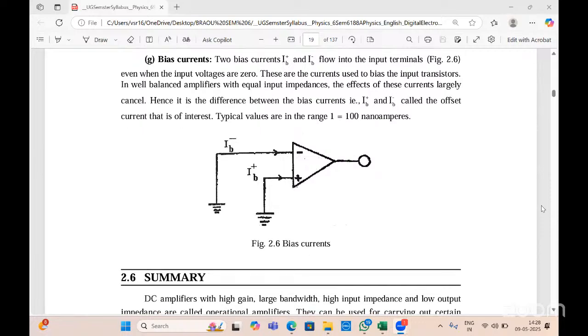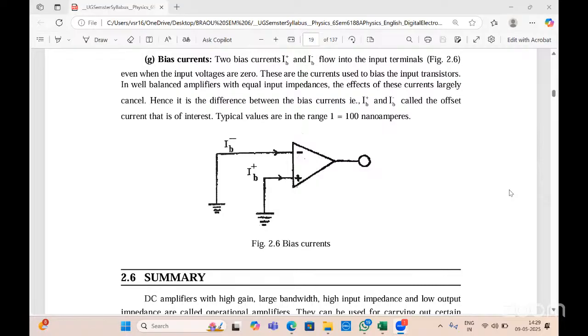Bias current means here two bias currents, IB plus and IB minus, which flow into the two input terminals. Here you can see. When the input voltages are 0, these are the currents used to bias the input, with balanced amplifiers having equal input impedances.